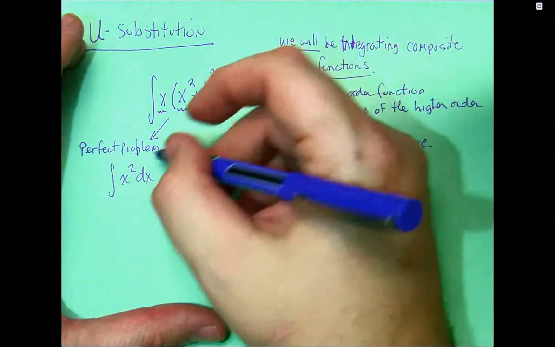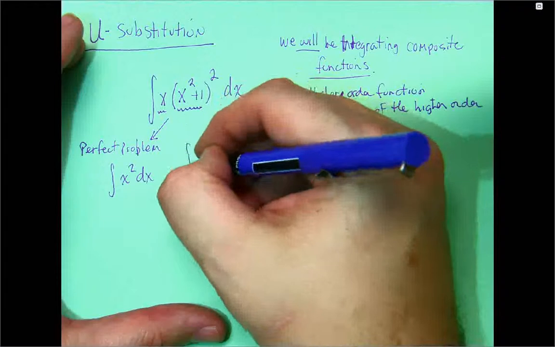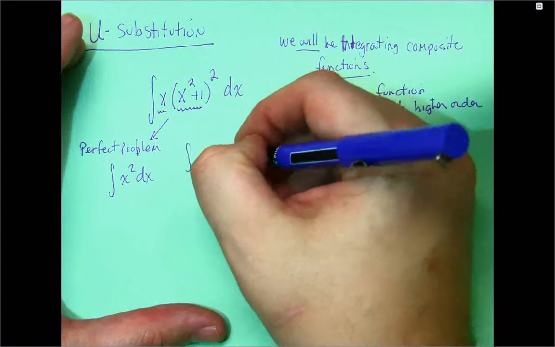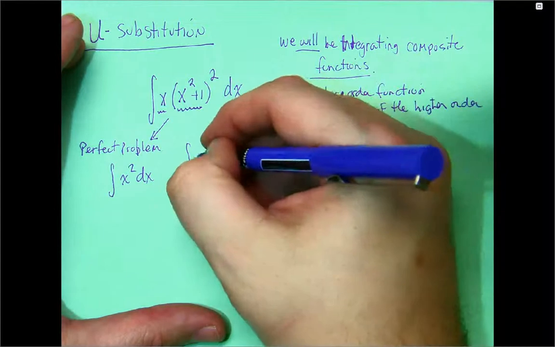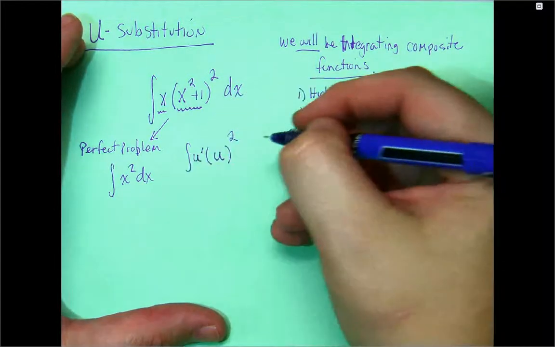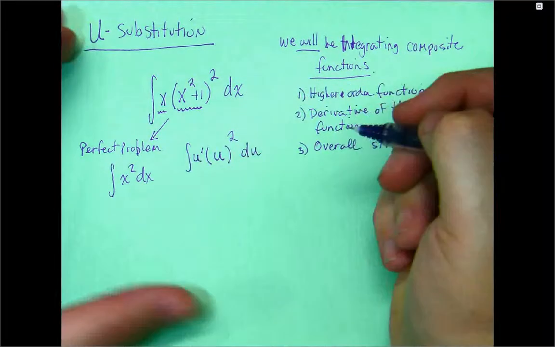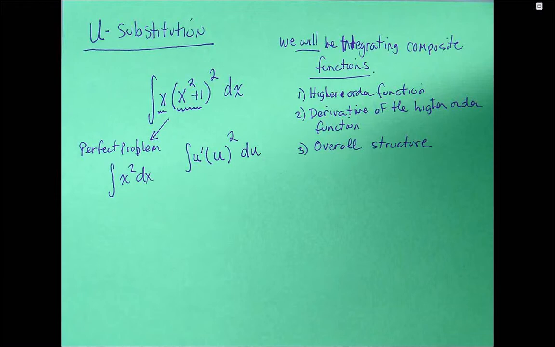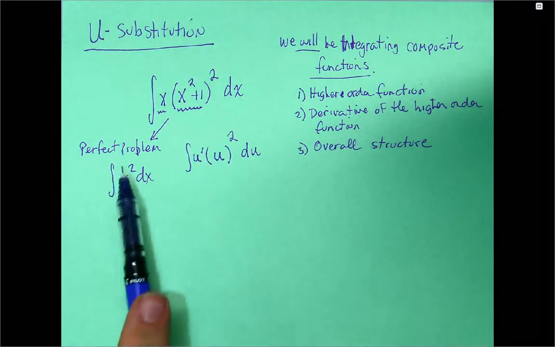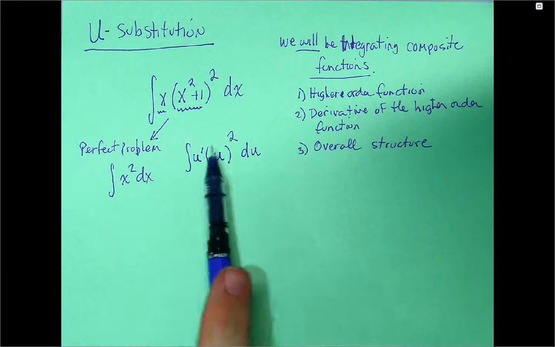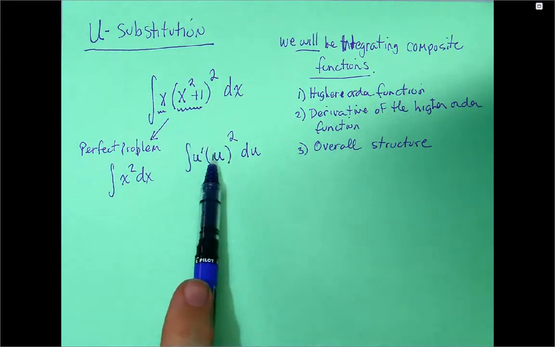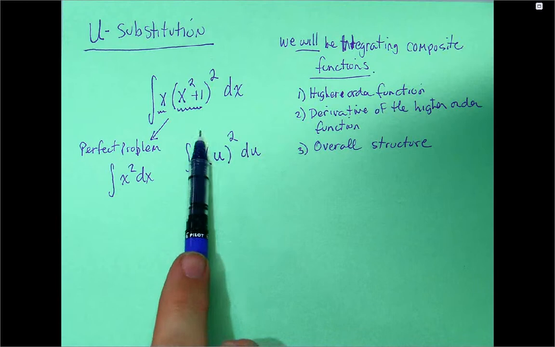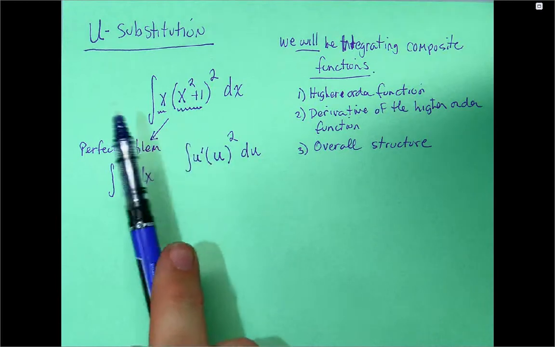So the structure is this: the integral of something squared, and I'm going to call it u squared, and then I want u prime out front, and then I want du. This is the idea. In a perfect world, we would have had this, but now we have a function here that's being raised to the second power, and we need to take, what would the u prime be?